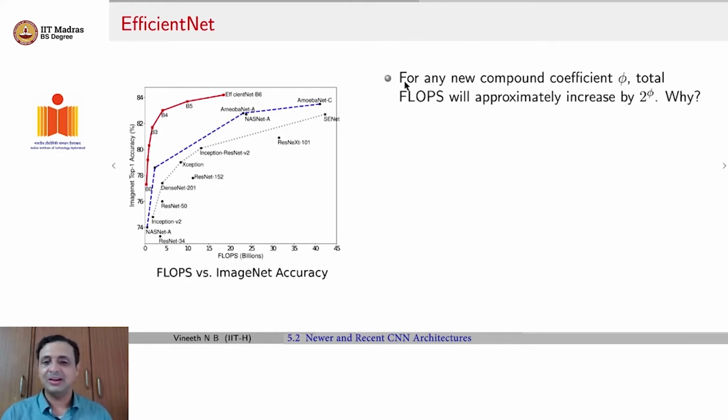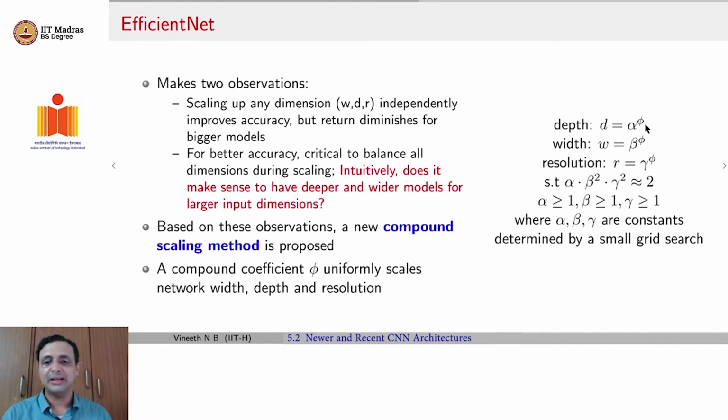One question here: for any compound coefficient phi, the total FLOPs will approximately increase by 2 power phi. Why is that so? I think I partially gave you the answer already. If you go back and look at what I just said, remember, if phi is equal to 1, we saw that d will become alpha times the old depth. And remember, these are multipliers, right?